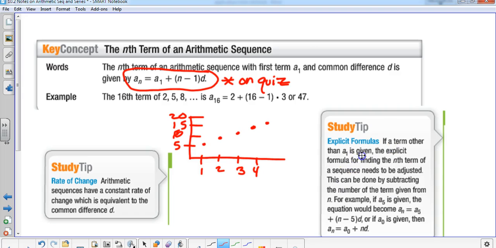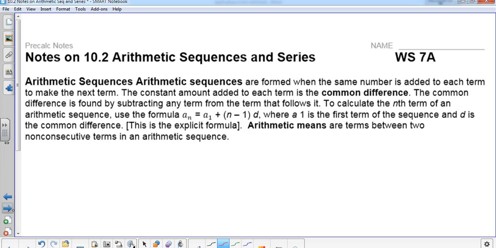It talks about explicit formulas. Yeah, we're not going to worry about it. We already covered that. All right, so you have these notes. The only new thing here is this vocabulary. Arithmetic means are terms between two non-consecutive terms in an arithmetic sequence.